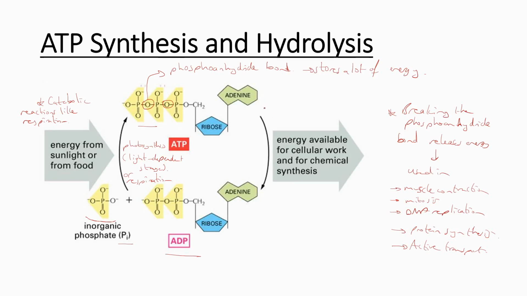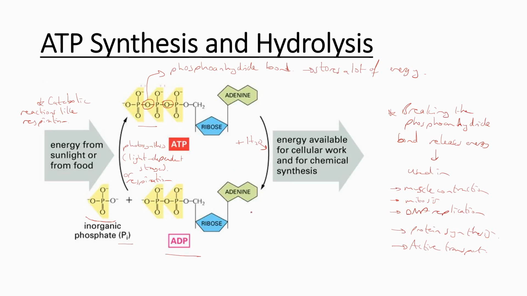In the opposing side of this diagram, ATP is hydrolyzed, and this requires the addition of water. Okay? So when we add water, we hydrolyze one phosphoanhydride bond, and we go from ATP to ADP and inorganic phosphate or Pi.